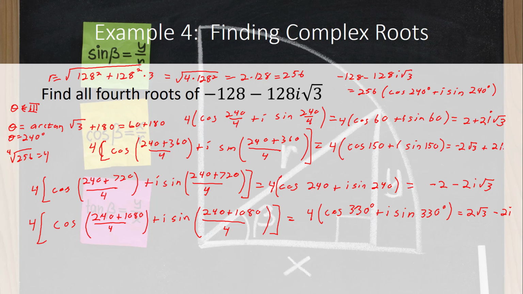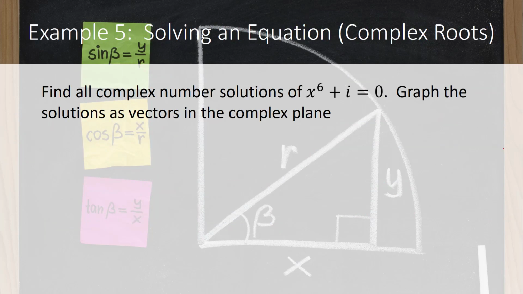Okay, the last example has to do with solving an equation. And here we want to find all the complex valued solutions of x to the 6th power plus I is equal to 0.